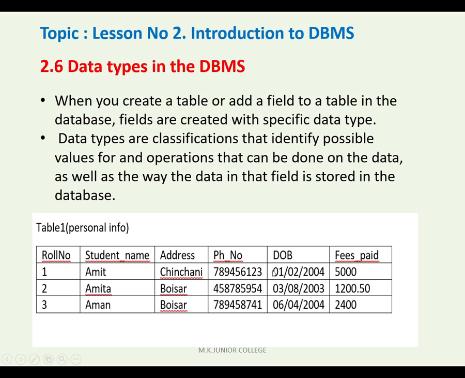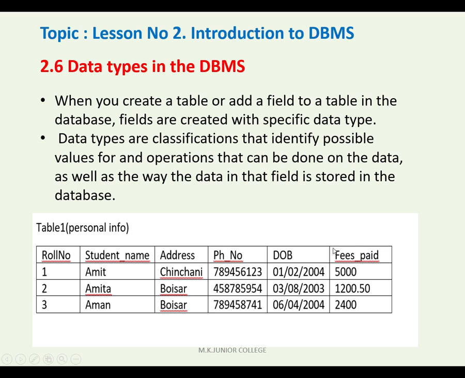Now next is fees paid as a field. Here I am going to add some numbers. Maybe that number is an integer or maybe that number is a decimal. Maybe you are going to add some fees amount with a decimal.